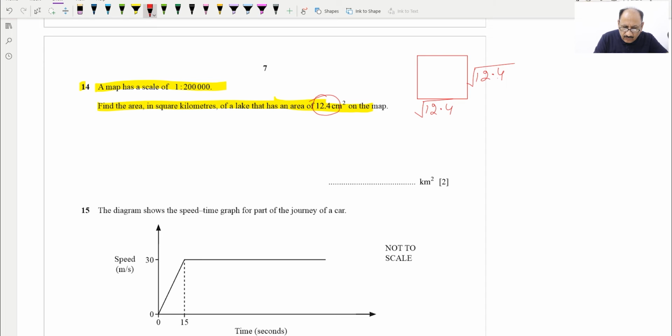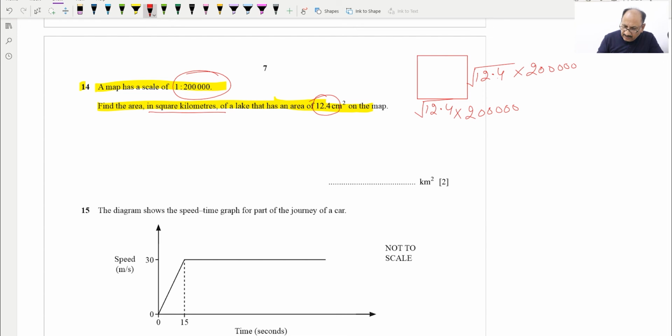Now each side will be multiplied by the scale so that we can get the actual length, and this will be 20050 basically. And now we have to just multiply these numbers, to find the area in square kilometers basically.